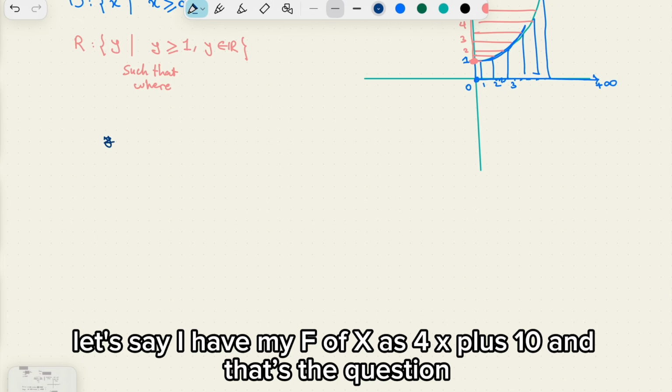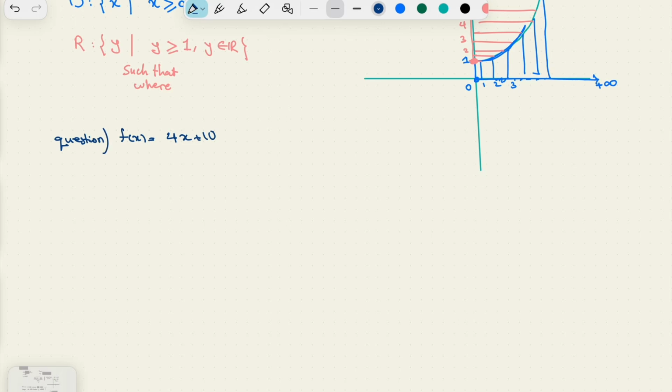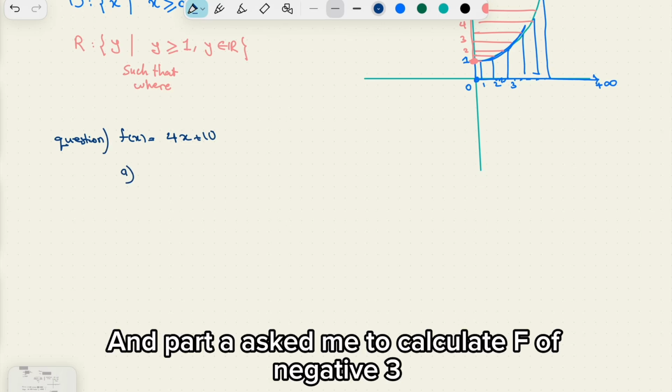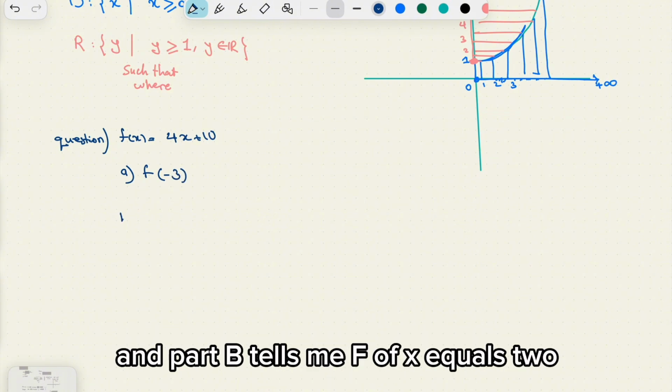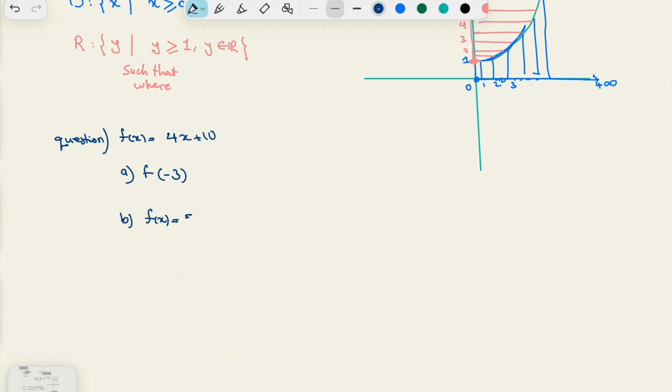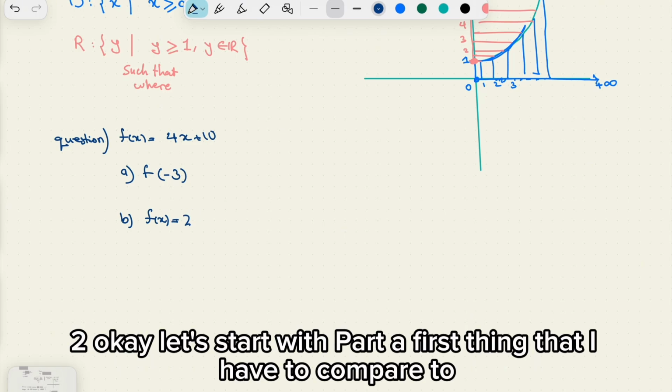Now let's solve a problem. Let's say I have my f of x as 4x plus 10. And this is a question. Part A asks me to calculate f of negative 3, and part B tells me f of x equals 2.